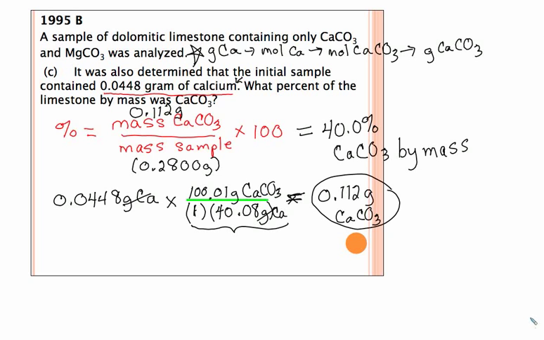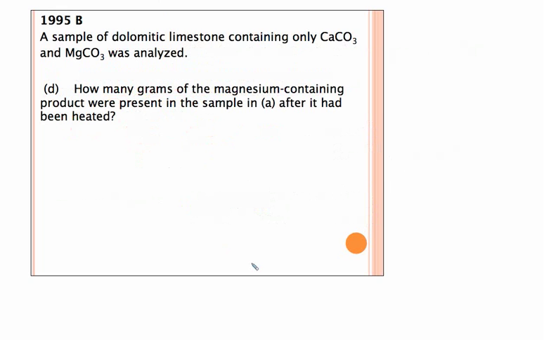Now, that was kind of a long part. Let's go on to the last part of this question here. And it says, how many grams of the magnesium were present in sample A after it had been heated? So that means we heated this sample, and I'm solely looking at the magnesium portion.